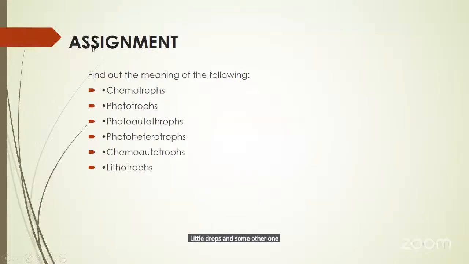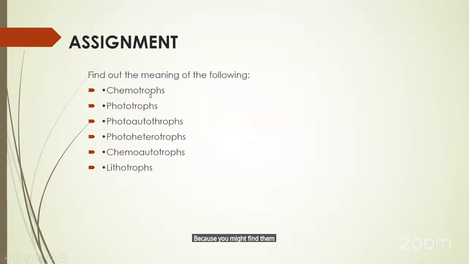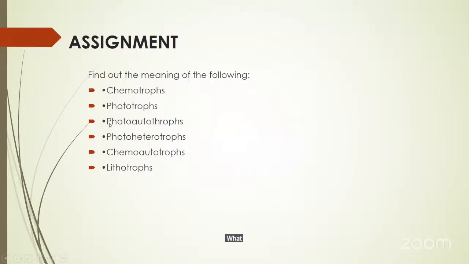I will advise you to go and read and just jot them down, because you might find them in your exam. So what is a chemotroph? What is a phototroph? What are photoautotrophs? What are chemoautotrophs? What do they use for survival? It's just the mode of feeding.